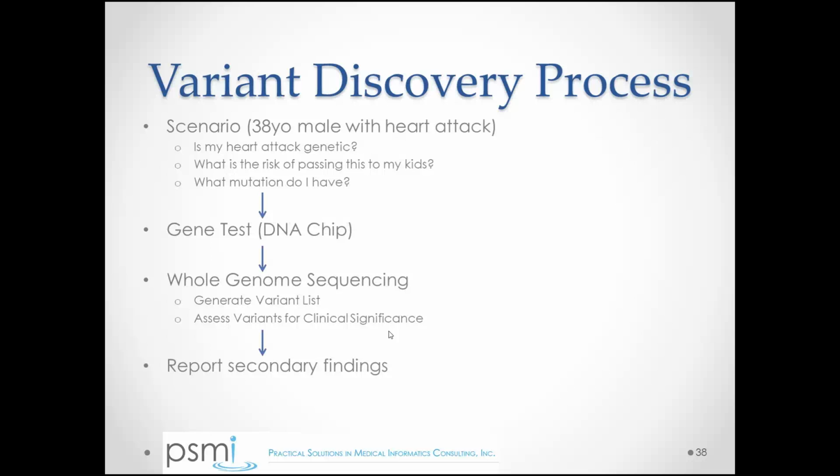Some of you, because it's been in the news a little bit, may have heard about the Annals of Internal Medicine article that came out in the last edition by Vassy. The difference there was that he was doing DNA sequencing on patients without any symptoms, as a screening maneuver. Here, we're doing the DNA sequencing on someone that has a known phenotype, and that makes a big difference in trying to hone in.